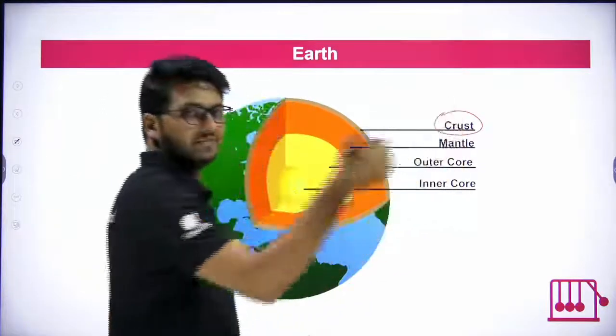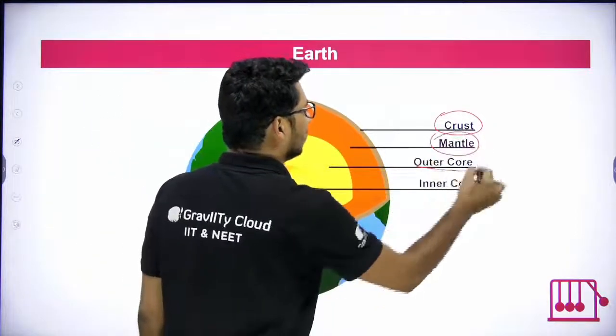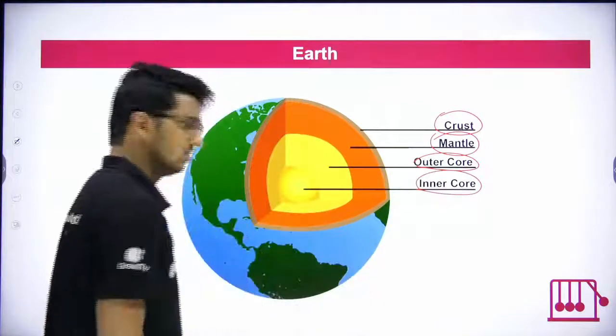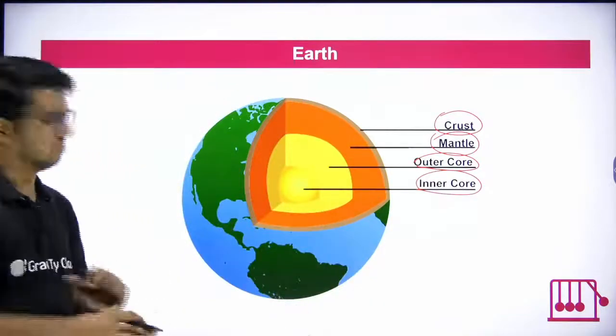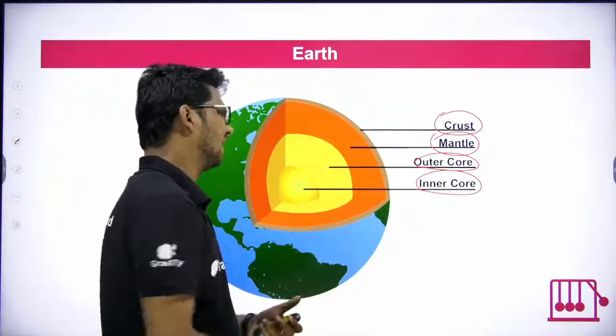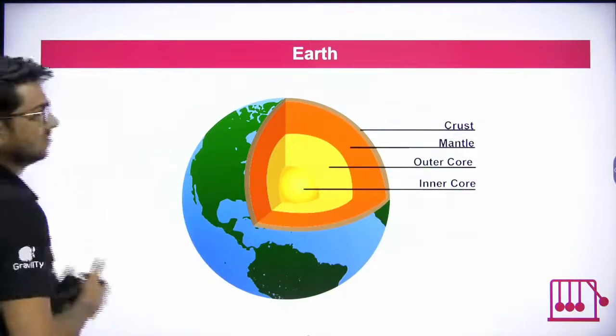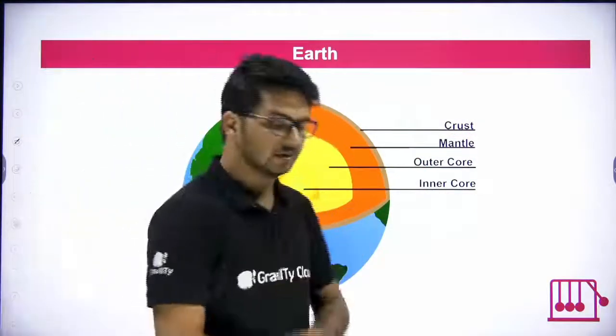From the surface, the first part is the crust, then comes the mantle, outer core and inner core. The inner core is very hot, then comes the outer core, hot, and the mantle is also hot. So when you cut the earth, we get these four main parts.